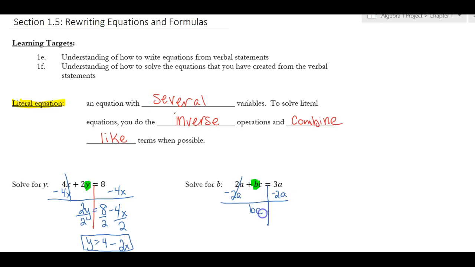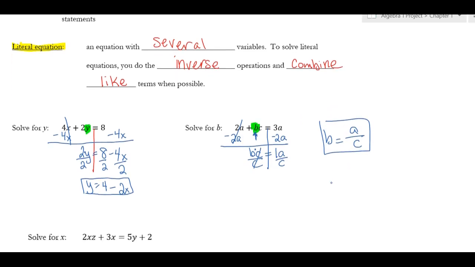So now I get bc is equal to 1a. And my goal is to get b by itself. So that means I need to get rid of this times c. So I'm going to divide both sides by c. And the c on the left crosses off. But now I'm left with 1a, which is just 1 times a, which is just a. So b is equal to a over c. And that's the answer.